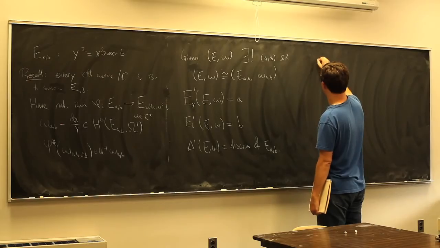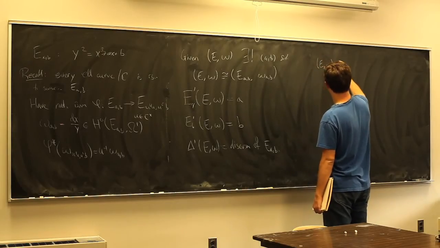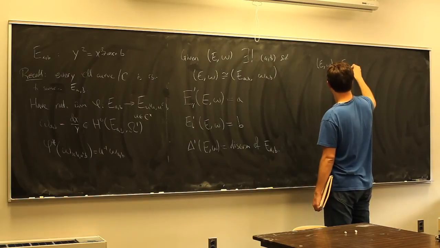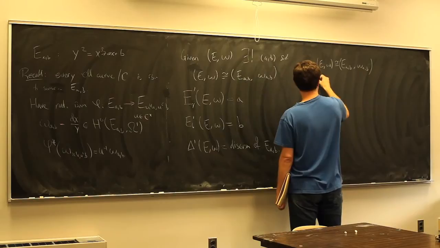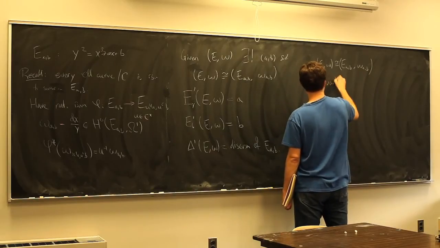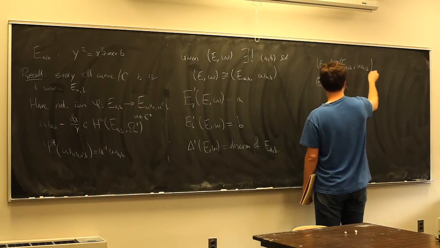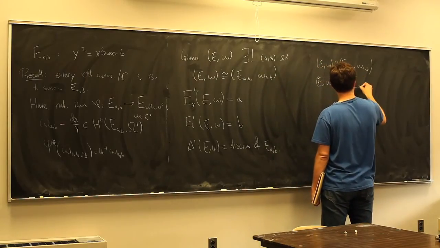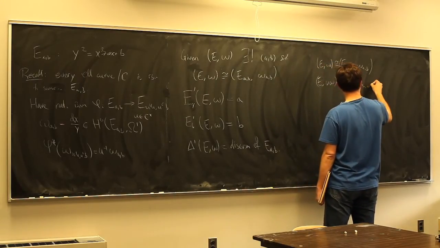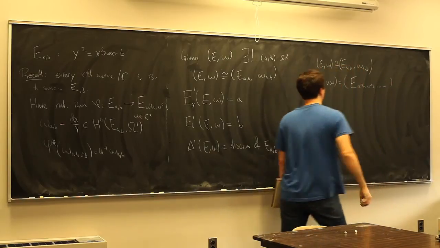So if my (E, omega) is isomorphic to (E_AB, omega_AB), then if I scale omega by u, it turns out that you scale these by u inverse, so (E_(u^-4 A, u^-6 B)), whatever.